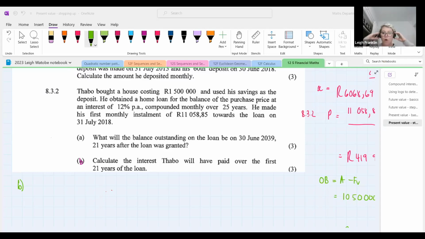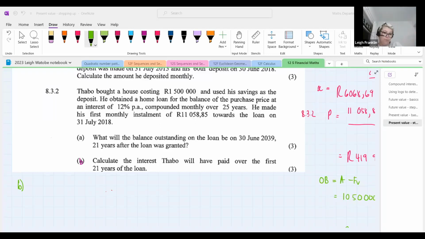So remember, when you take a loan, not only are you paying back the money that you borrowed, you are paying back the interest on top of that. All right, so we want to work out how much interest Thabo will have paid in the first 21 years.